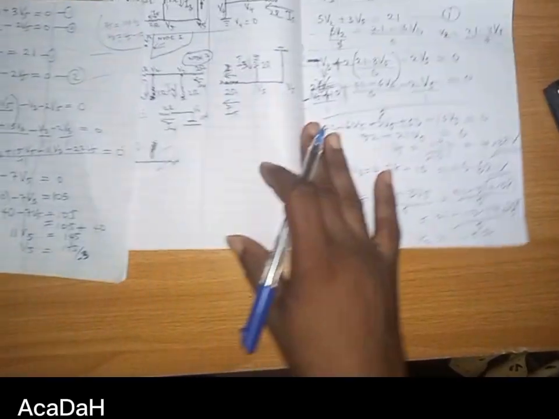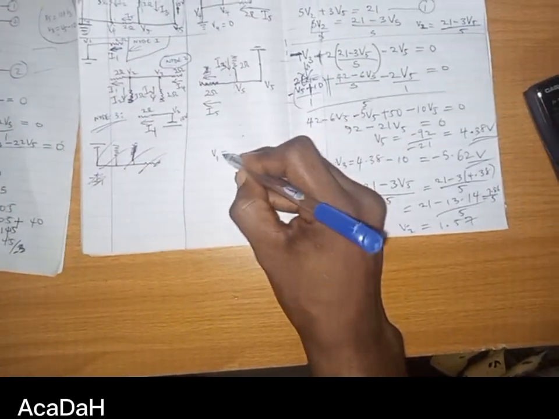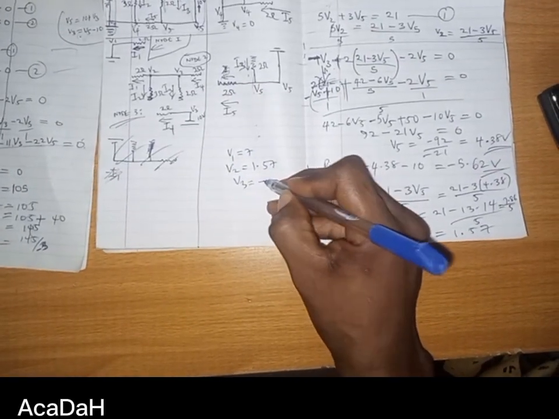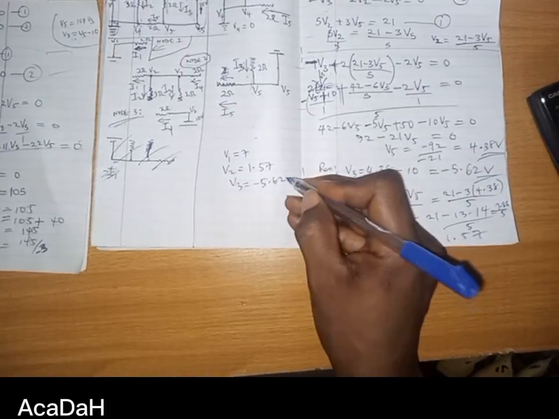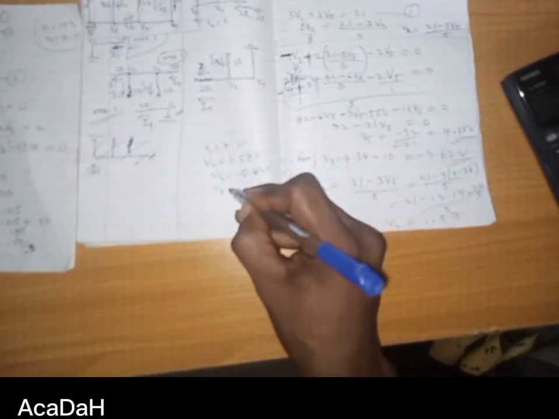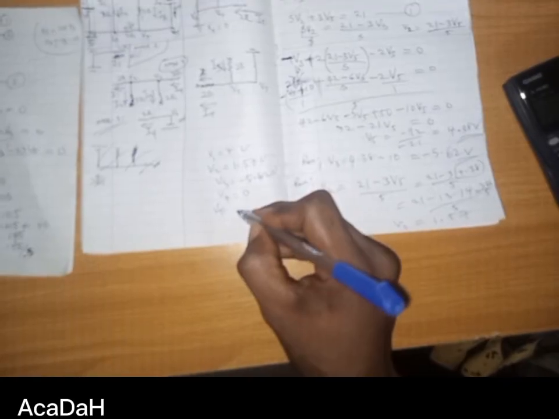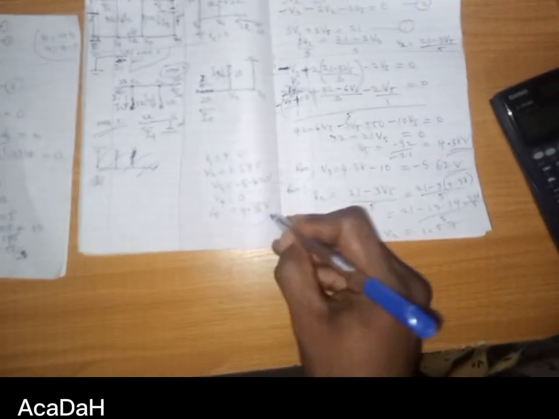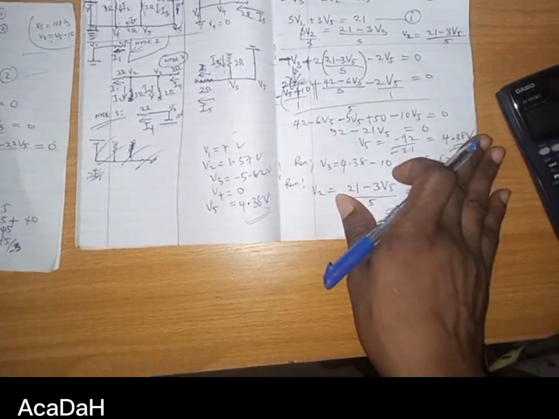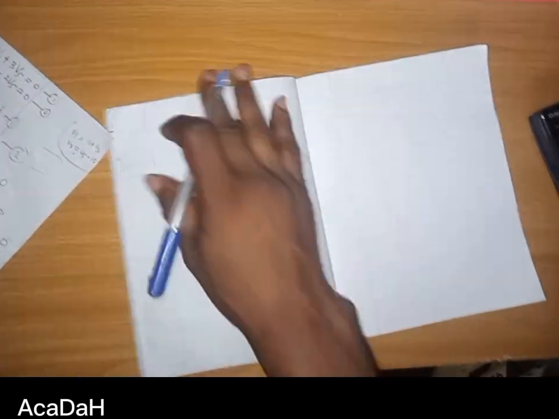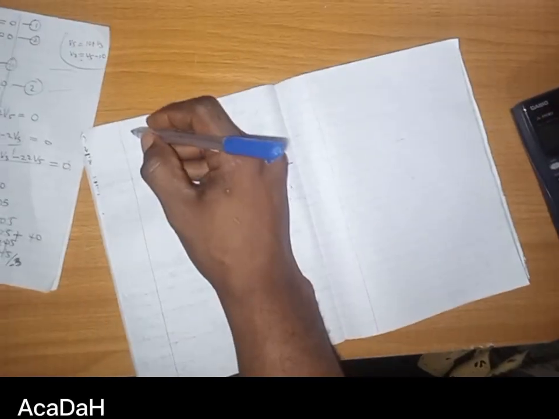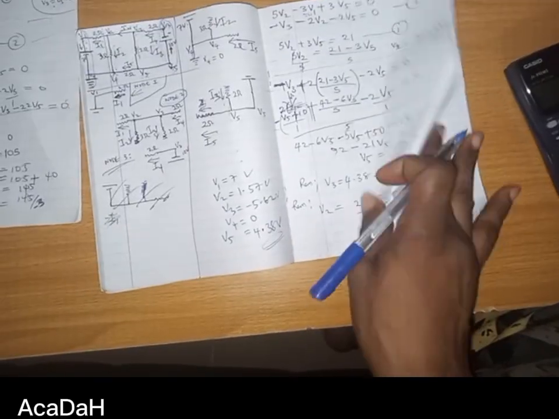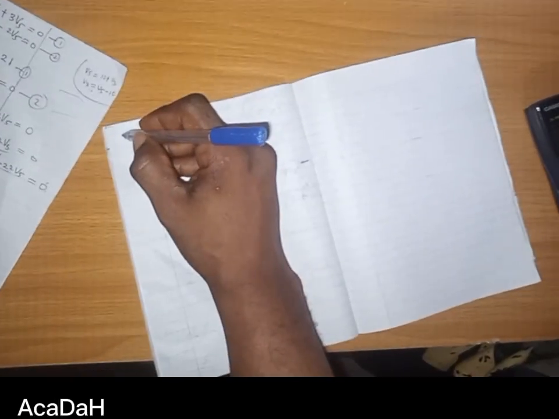So we've gotten v1 to be 7, v2 to be 1.57, v3 to be minus 5.62, v4 is the ground, which is 0, and v5 to be 4.38 volts. So we've gotten all the voltages. Now to get the current, let me pull out the voltages.